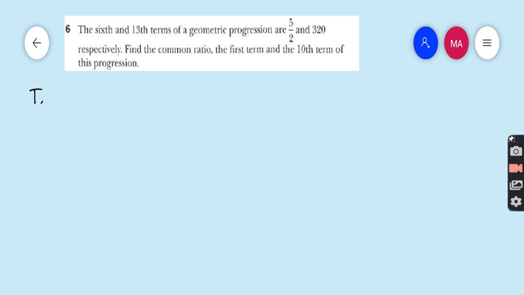That is, T6 is given as 5 upon 2 and T13 is given as 320. Find the common ratio, that is, we have to find r.